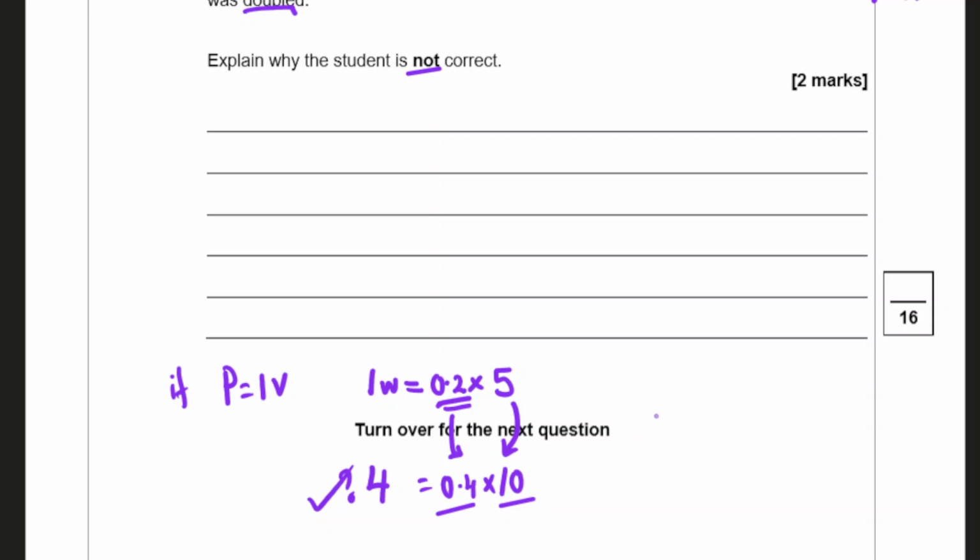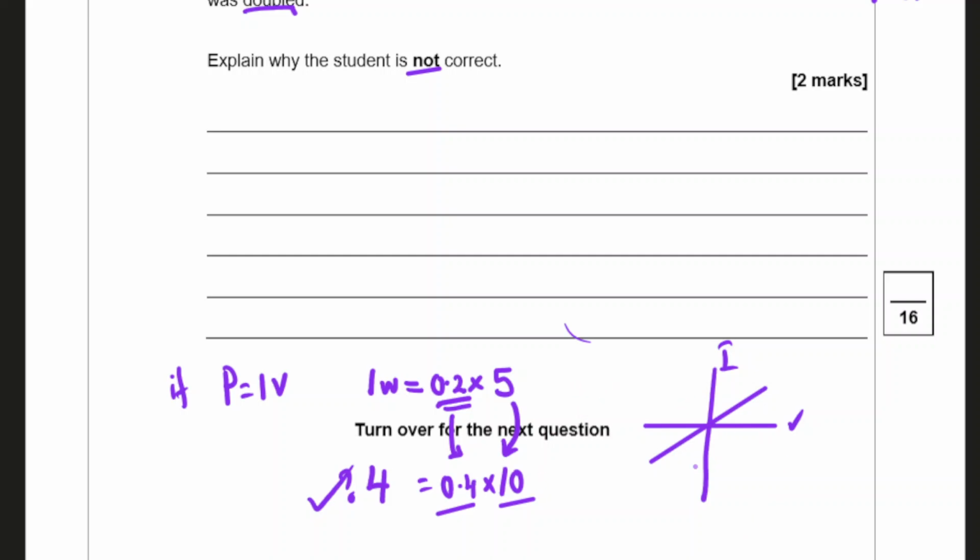The reason the student is not correct is if you look at the graph, it's not a straight line going through 0. If it was a straight line going through 0, then you could say the potential difference and the current are directly proportional, that's I and V. If the graph was a straight line like this, then that would be correct.